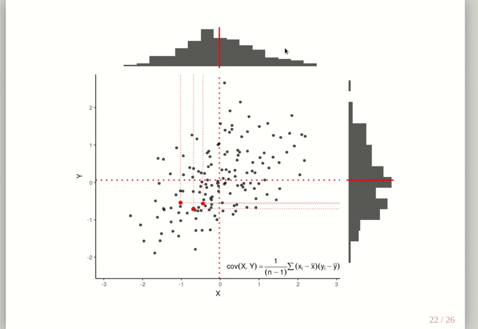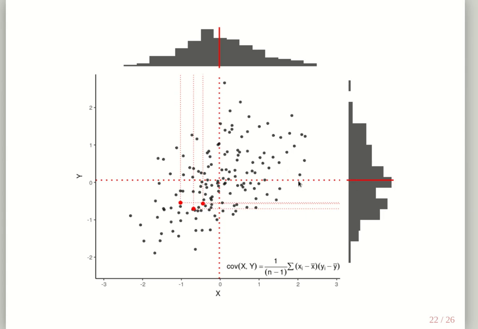So this histogram here just captures the distribution of values of x that we have. Here in red I have marked the mean value, so the average value of x. Here on this axis I have the marginal distribution of values of y that I have observed. And in red I have marked the mean, the average value of y.